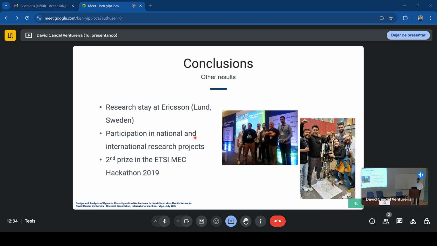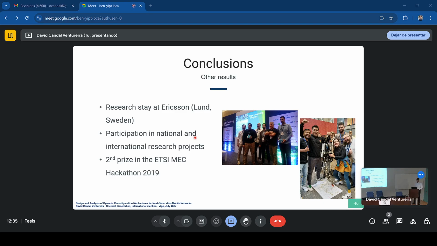And during this thesis, I have been working on several national and international projects, working together with companies such as Orange, Telefónica, Cellnex, and Stellantis. And this cooperation has led to discovering insights and getting ideas that led to some of these contributions I presented today.